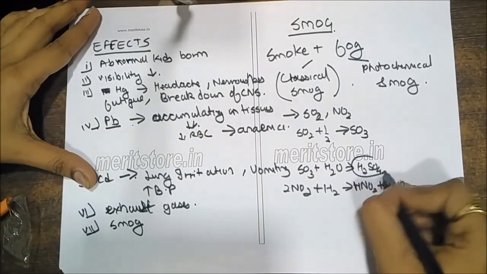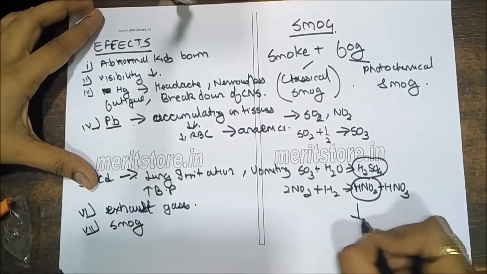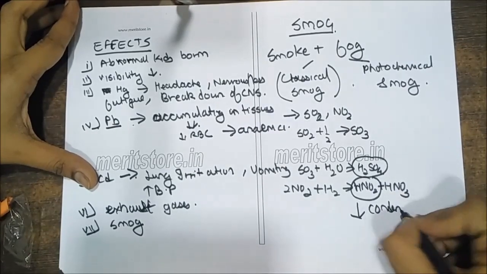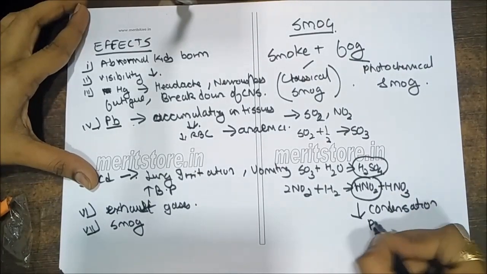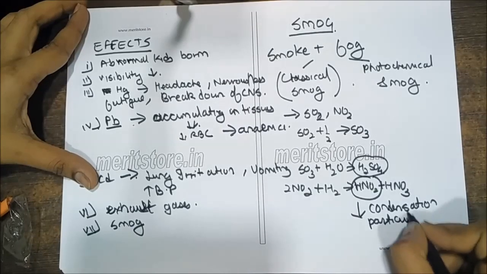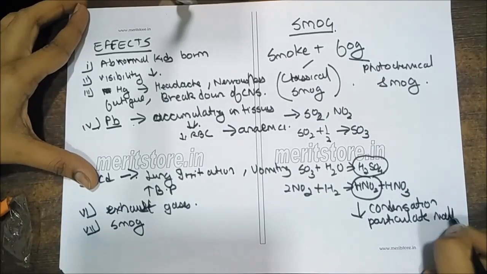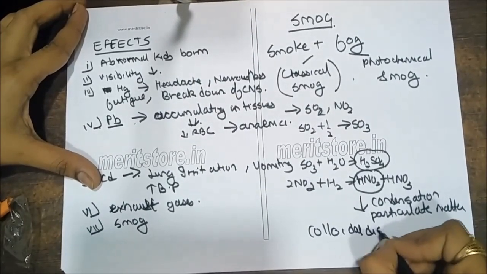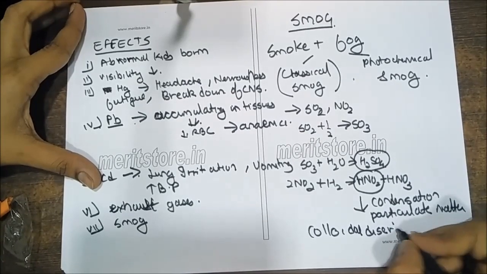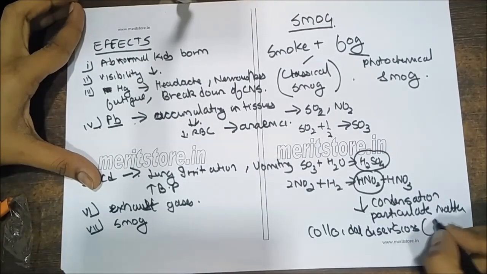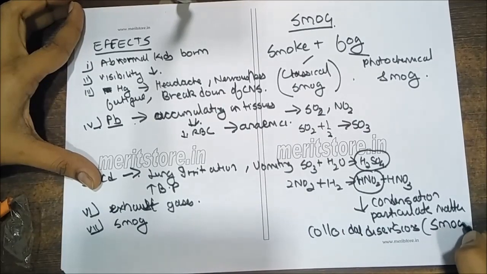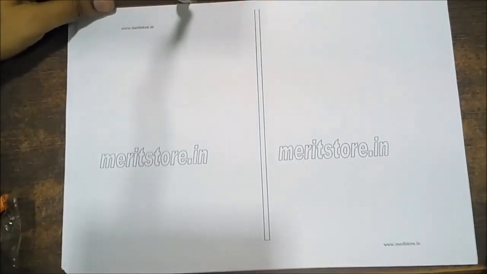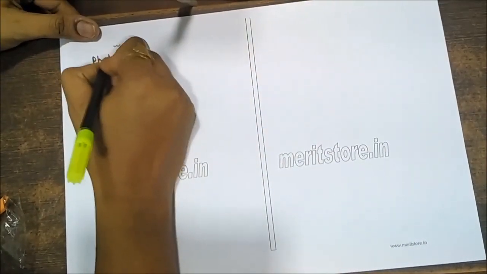So these sulfuric and nitric acids undergo condensation on particulate matter to form a colloidal dispersion, and this colloidal dispersion of these acids is called classical smog. Now let's study what is photochemical smog.